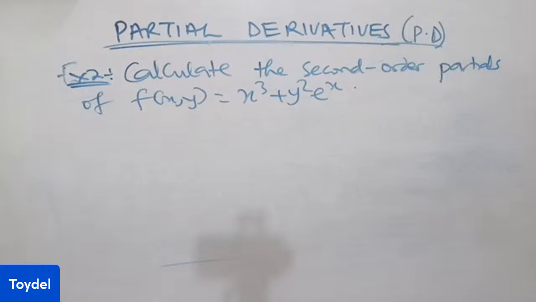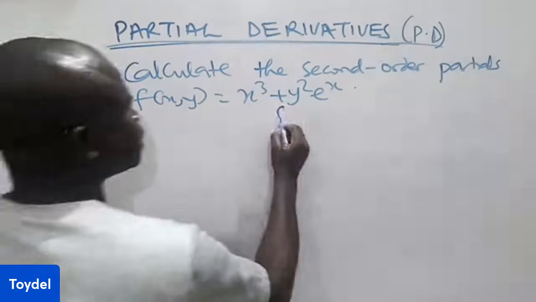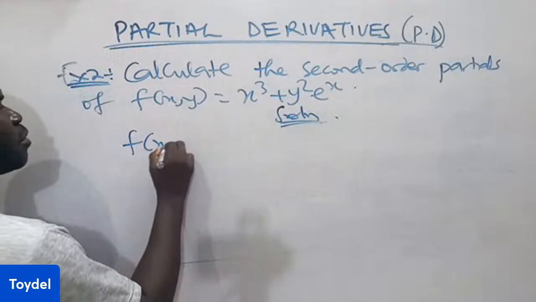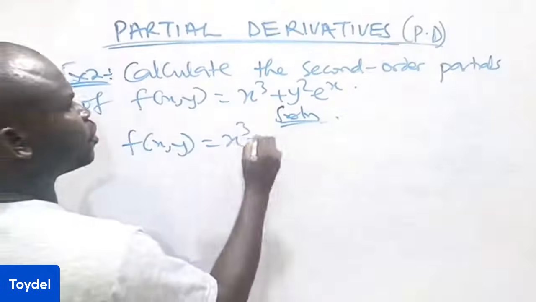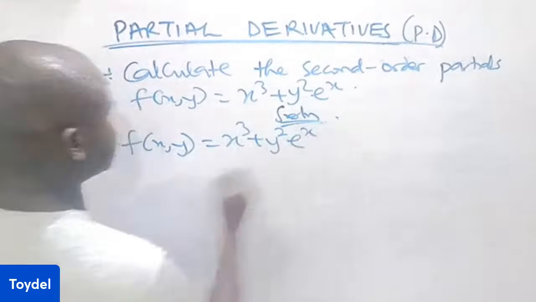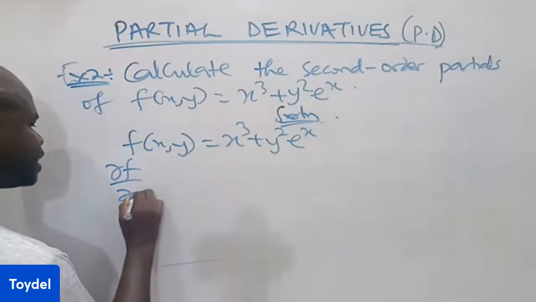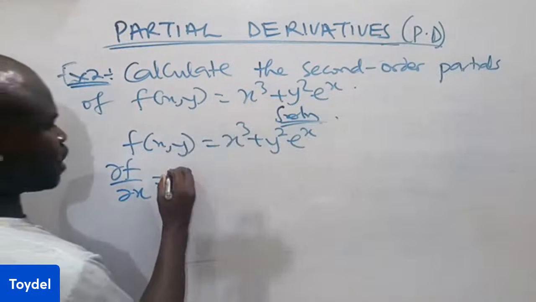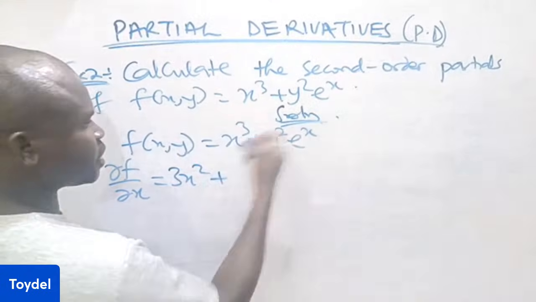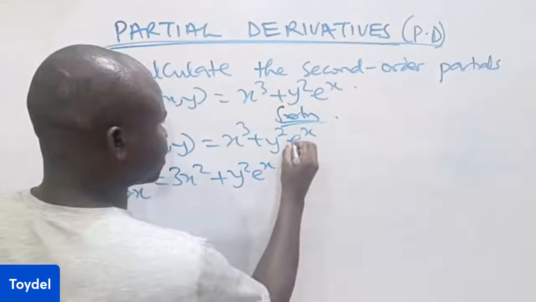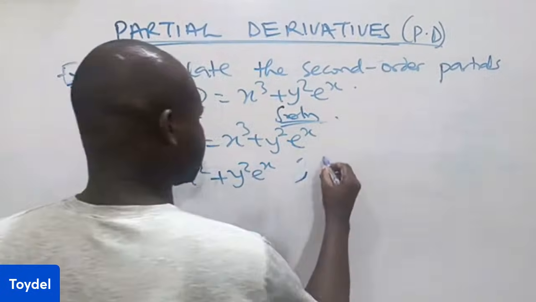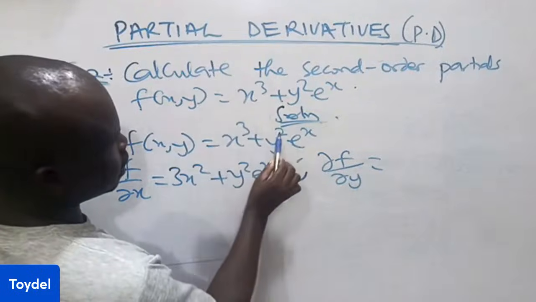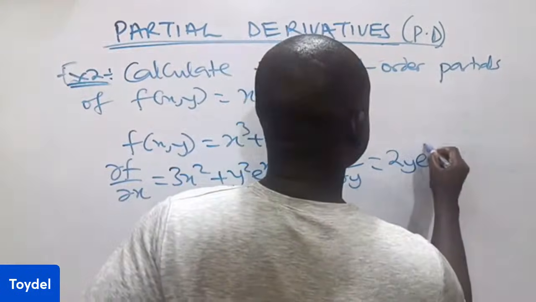Of course, we first find the first order before we go to the second order. If f of x, y is equal to x cubed plus y squared e^x, then f subscript x, the first order partial derivative, when we differentiate with respect to x, will be 3x squared plus y squared e^x. Then f subscript y will be 2y e^x, since the first term does not have y.